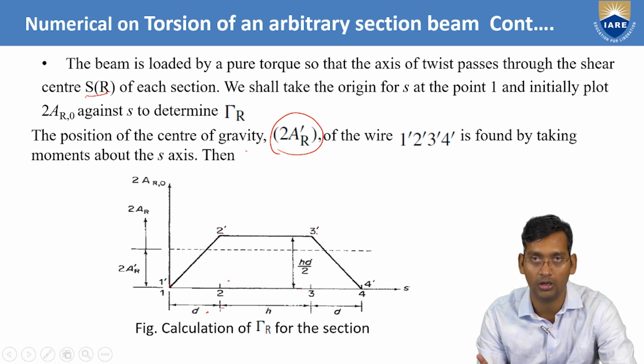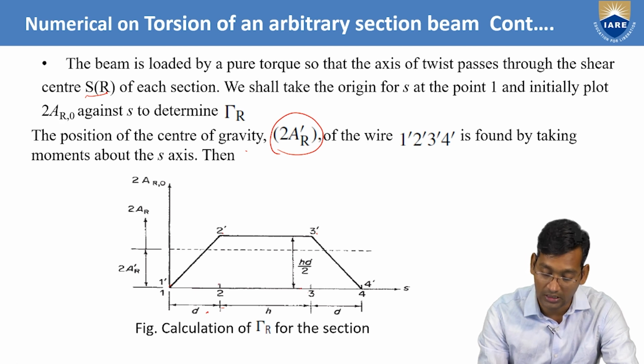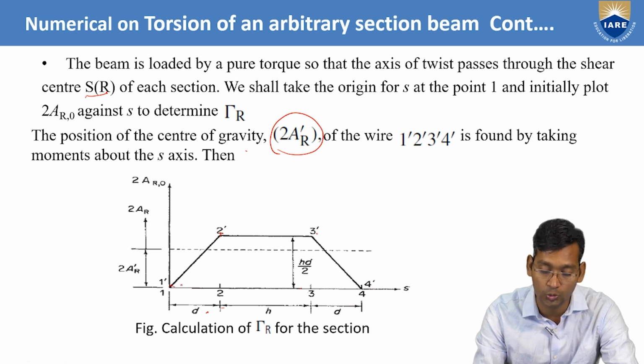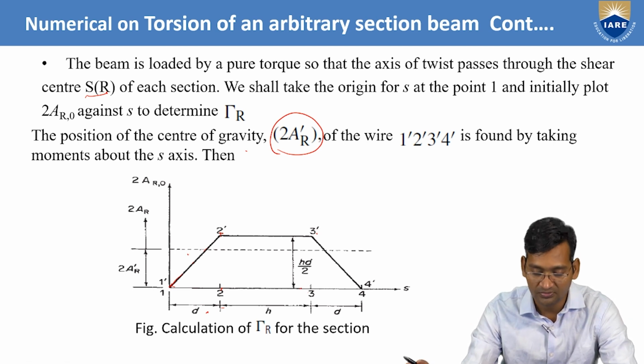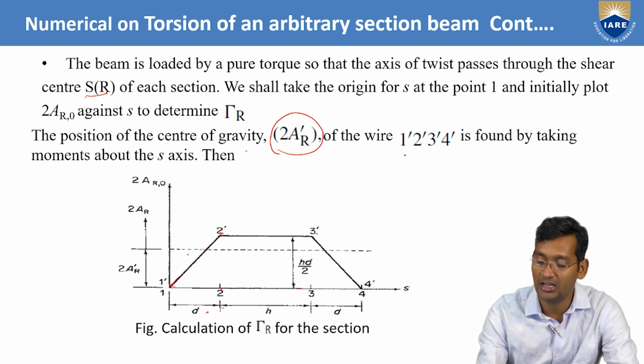Don't remember that, that is not necessary, but in this case it just looks like a rectangle. Then 2, 3 will be equal to 2 dash 3 dash, but 1 to 2 will never be equal to 1 dash 2 dash. So don't get confused with 1 2 and 1 dash 2 dash being the same. So of the wire 1 dash 2 dash 3 dash 4.